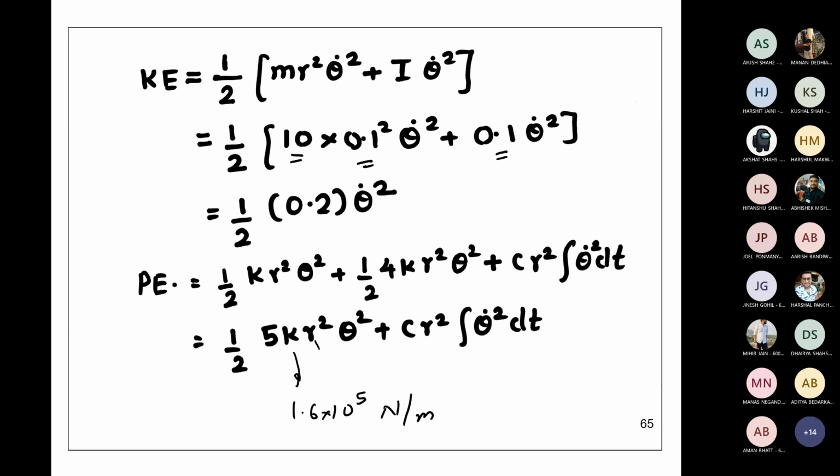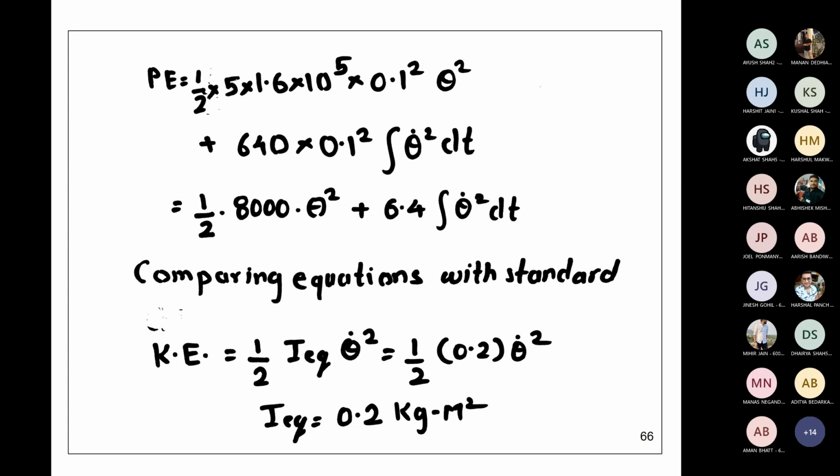R is 0.1 meter. C is 640 Newton second per meter. So substitute all the values in this equation. So after I substitute, I get this equation.